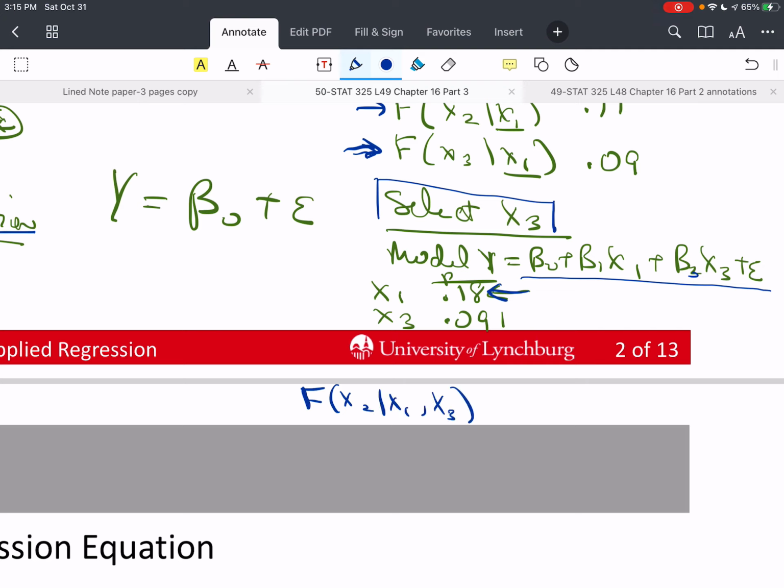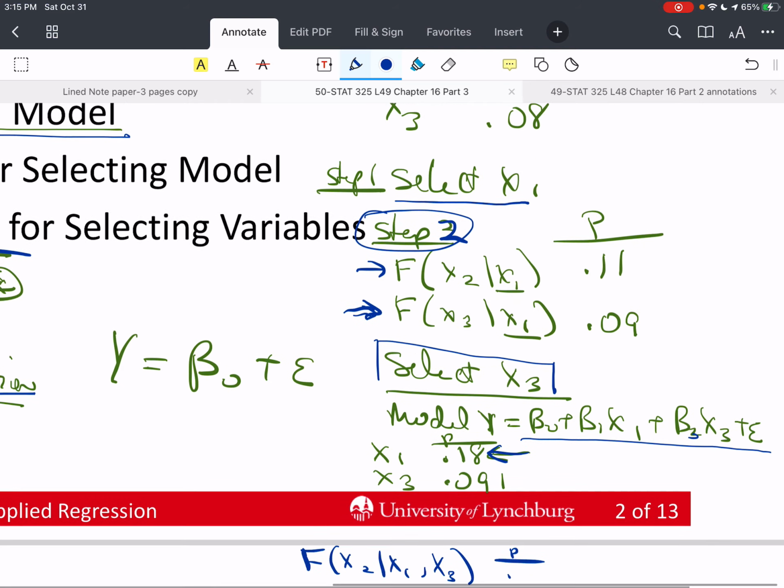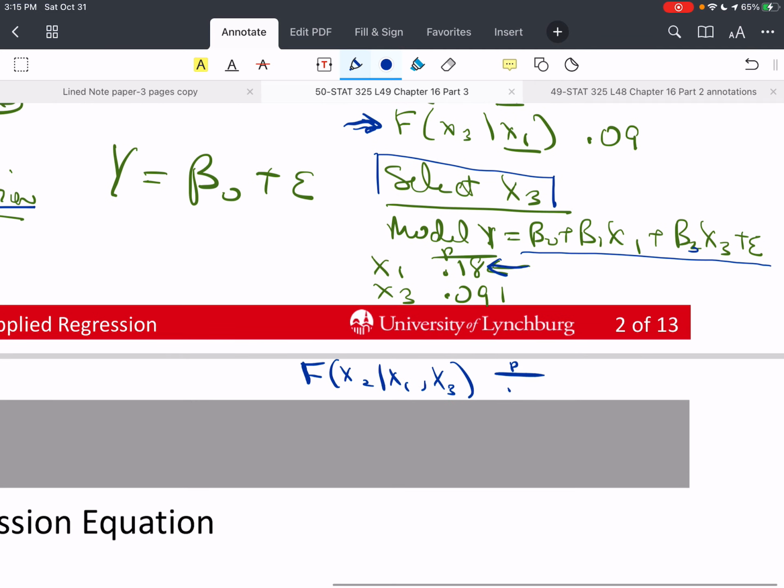If that p-value is less than 0.1, then we would add it. If not, then we would not. Let's say that x2 has a p-value of 0.31, and so we would stop and not add it to our model.